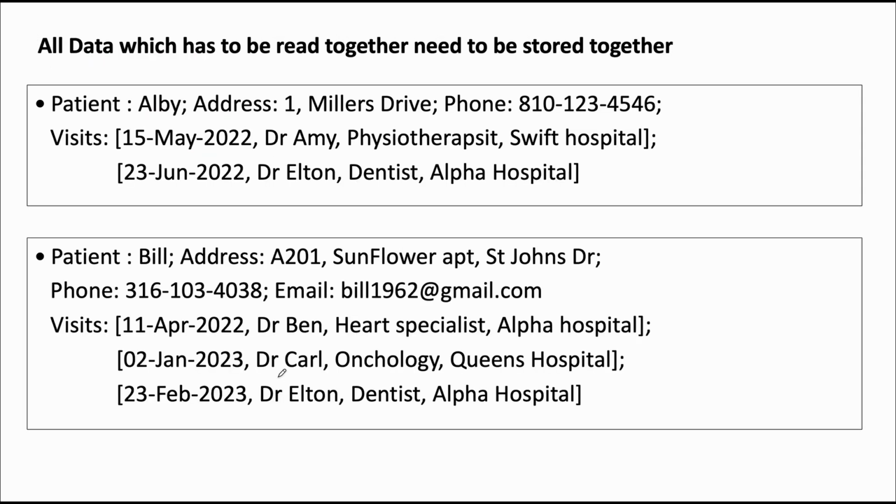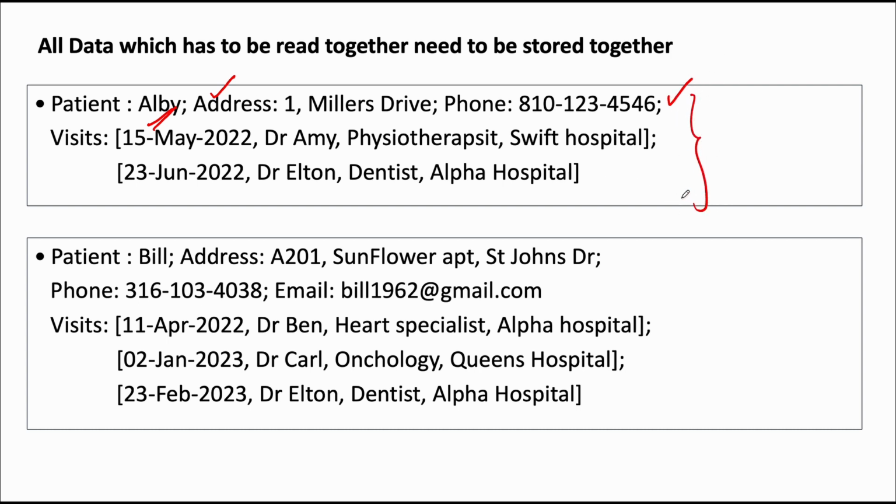So to improve the speed of retrieval, the first thing they did, or the first change in paradigm, was that they decided that all the data which is being retrieved together needs to be stored together. If my application needs to get all the details about the patient Albi, all the details which are relevant for this particular patient should be stored together.